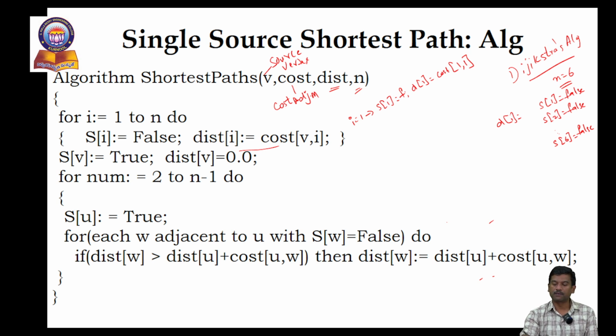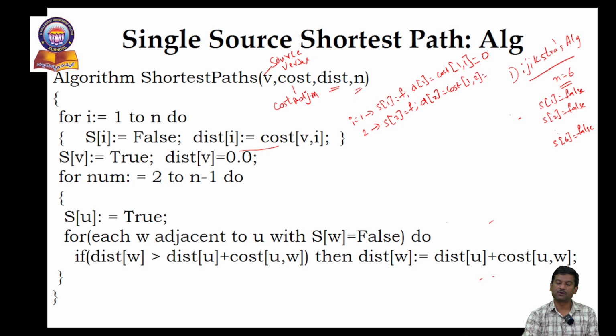When you take i equal to 1, distance of 1 equals cost of 1 comma 1, which is equal to 0. Similarly, during your next iteration, i equal to 2, s of 2 equals false, and distance of 2 is given as cost of v comma 2. What does v indicate? The source vertex. Assume the source vertex is 1. And what is the value of i?